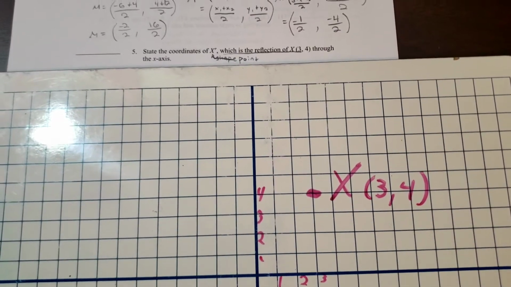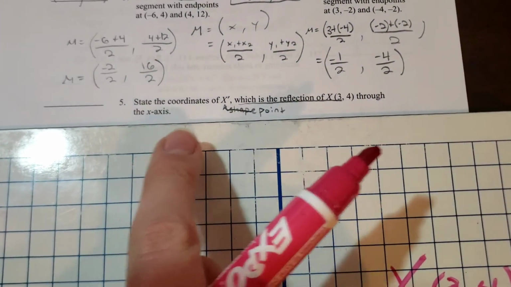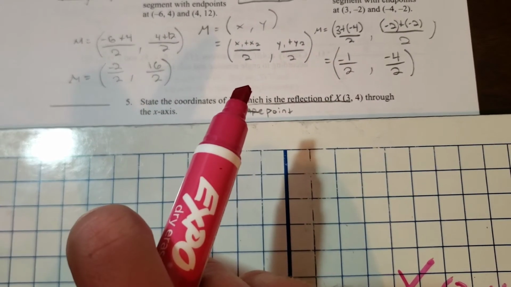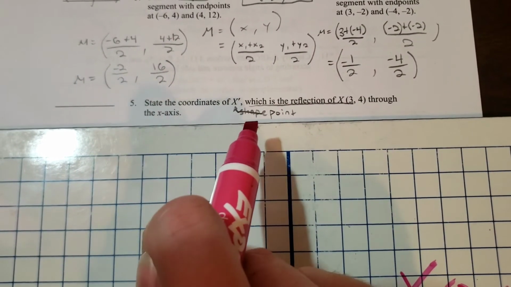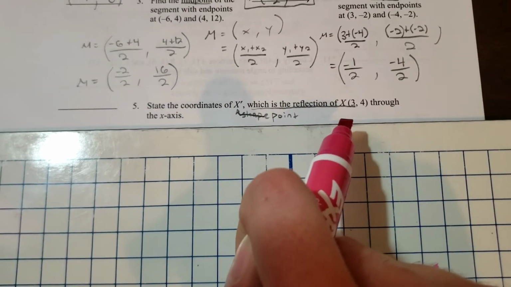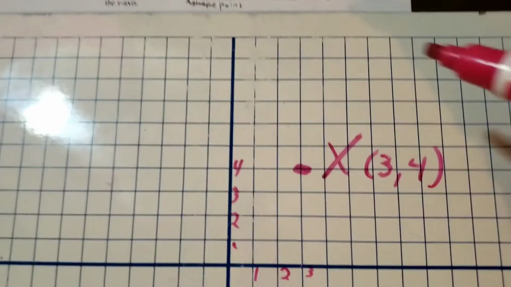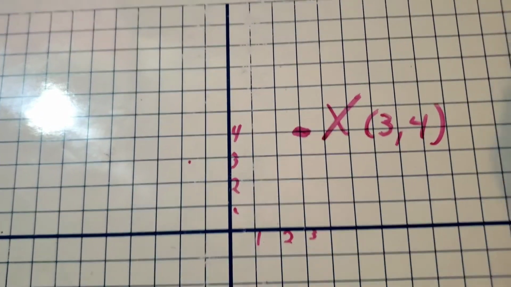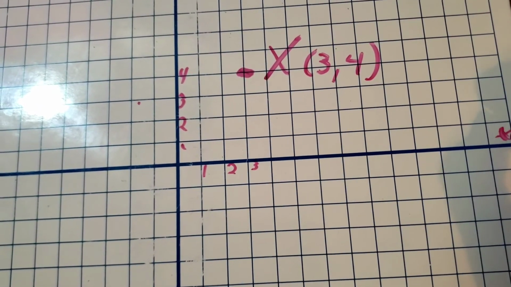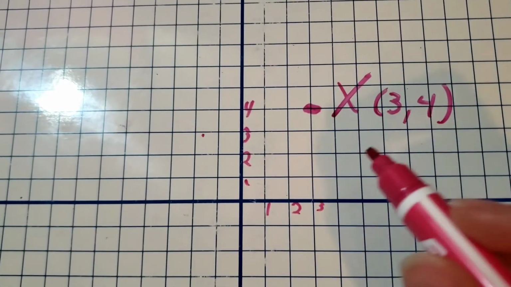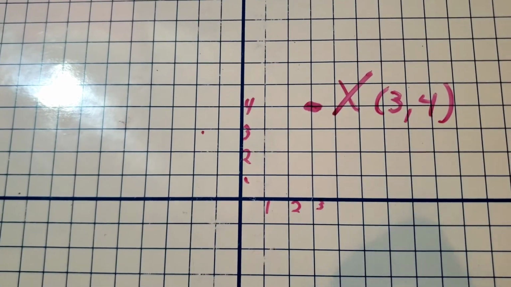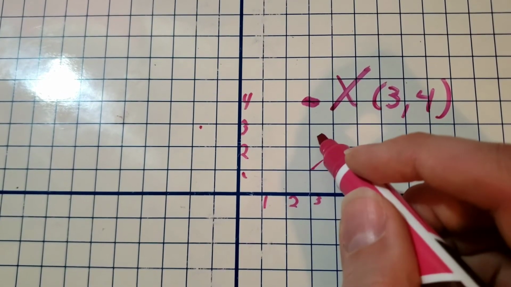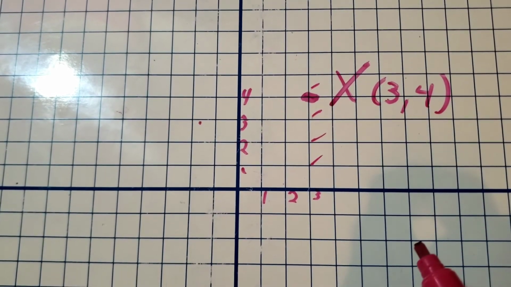And x prime, that's what the little apostrophe means. It's the reflection of 3, 4 through the x-axis. So it's going not over the y-axis, but the x-axis right here. And so my x value is going to be the same, but it is 1, 2, 3, 4 steps away.